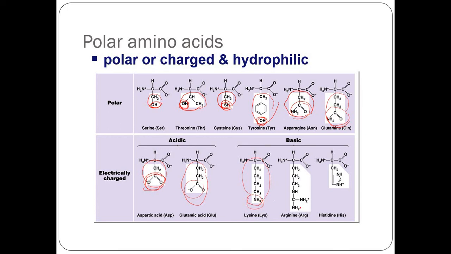We have NH3 plus here. You also have this amide here. Sorry, it's not an amide, it's arginine. It's just an amine. And then we have histidine. They're polar because of these charges. So you have positive, positive, and negative, negative.